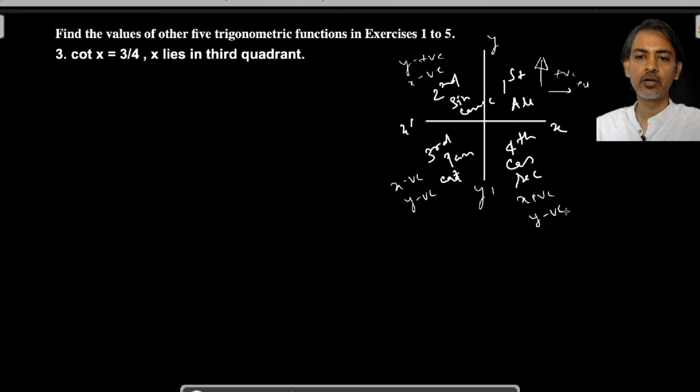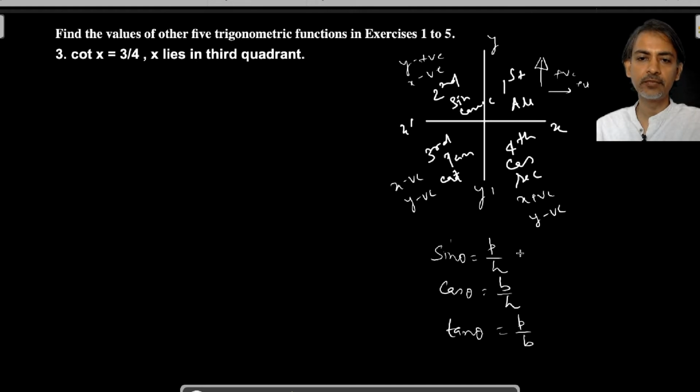If you remember the trigonometric functions, the value of sin theta is nothing but p by h. The value of cos theta is b by h. The value of tan theta is p by b.